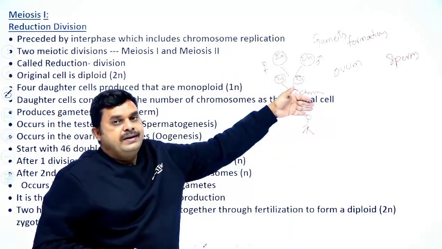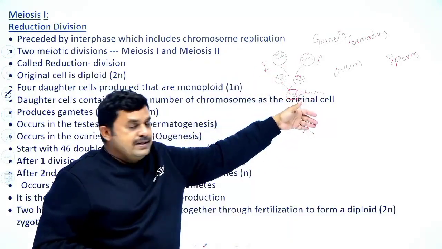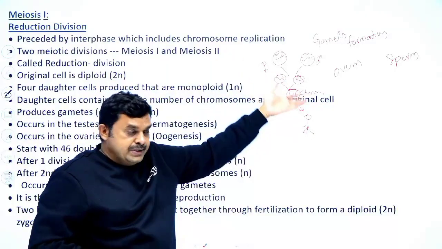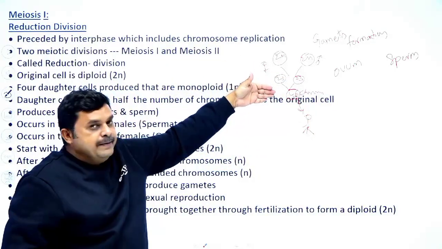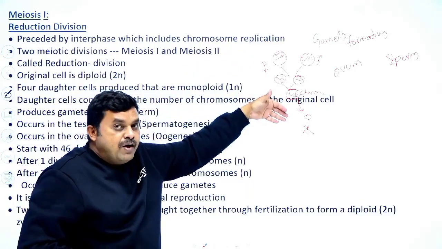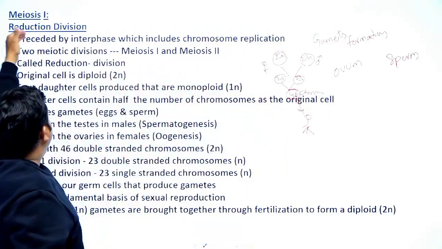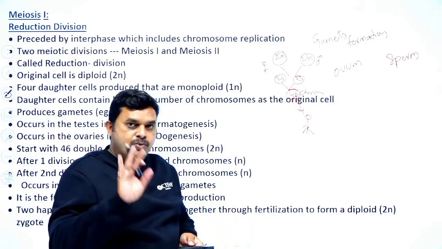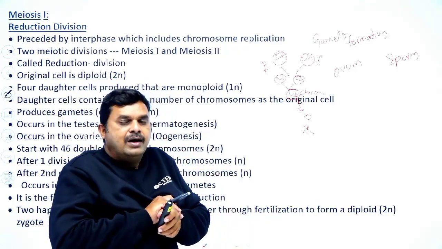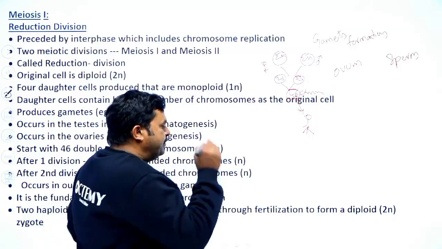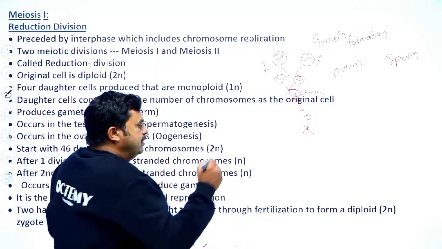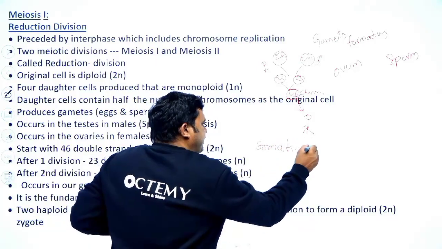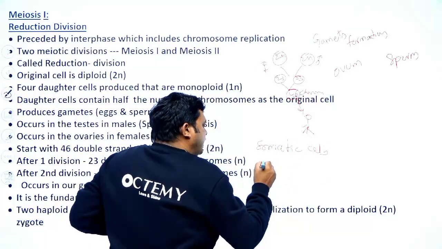So in any diploid organism where reproductive cells are there, where reproduction is there, the type of division is meiosis. So meiosis occurs only in the reproductive cells, not in all other parts of the organism. So here you need to remember: mitosis in somatic cells, meiosis in reproductive cells.